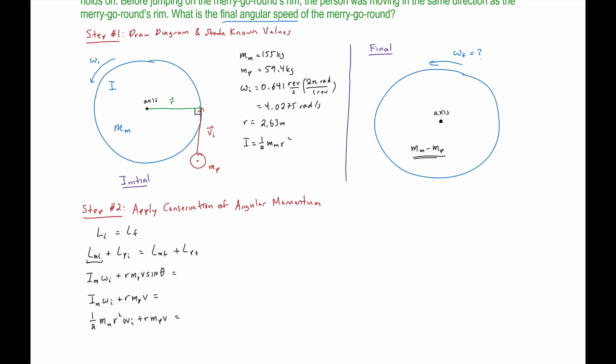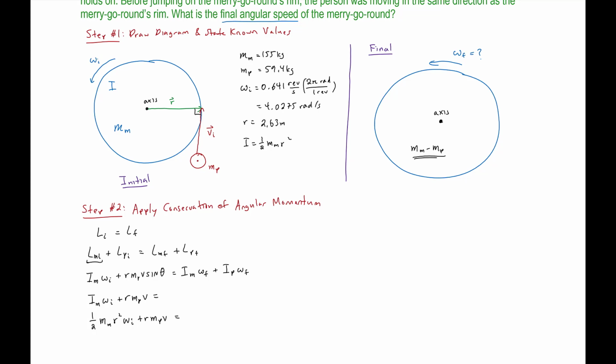When we're looking at the final scenario, both masses are now rotating at the same angular speed, so they both share omega_f. There's no longer any linear component to this, so both of these are going to be I_m omega_f, and you have the moment of inertia of the person times omega_f.